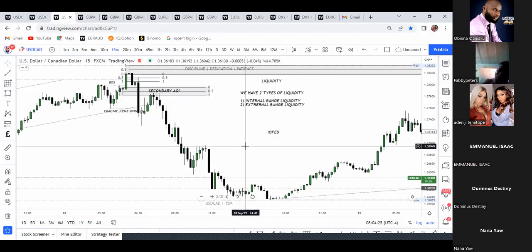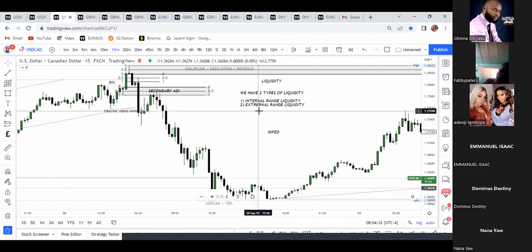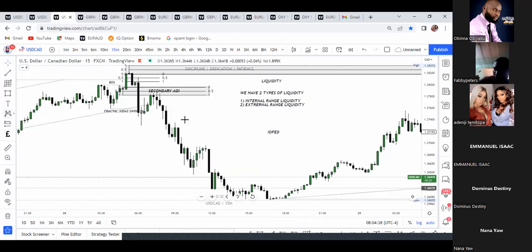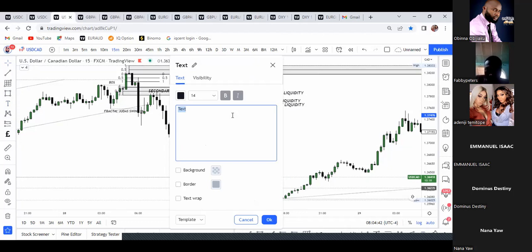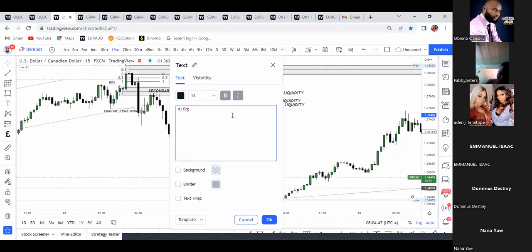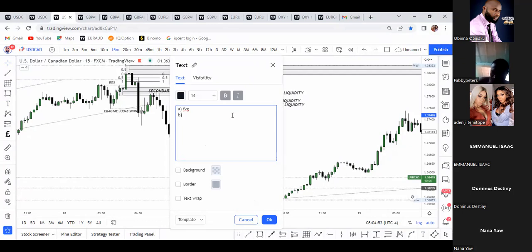Under internal range liquidity, which we are going to be taking today, we have fair value gap, liquidity voids.